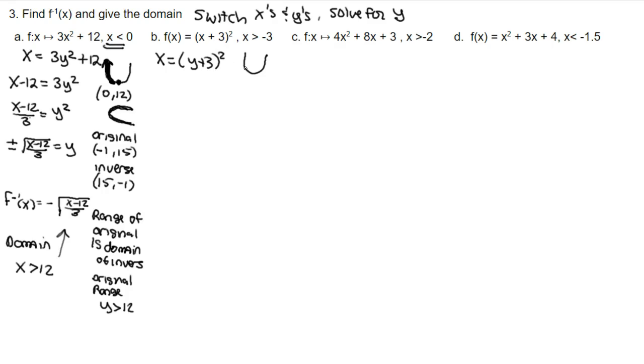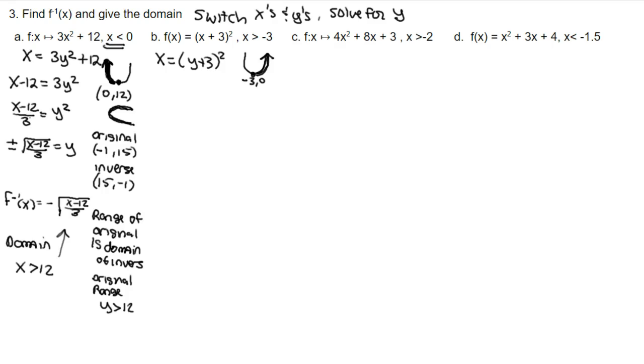Well, if you take a look at the parabola, if we do a quick sketch, the vertex is at (-3, 0). So again, like the other one, we're only going to do half of it. We're going to do the right side. And so we're going to find the inverse of this side of the parabola, which means that our inverse will be a function.